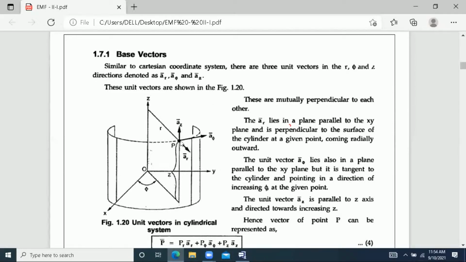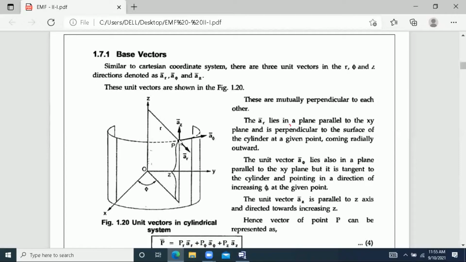For this point, you define this point as 7 R AR, 6 phi A phi, 10 Z AZ. That is, P R AR, P phi A phi, P Z AZ.